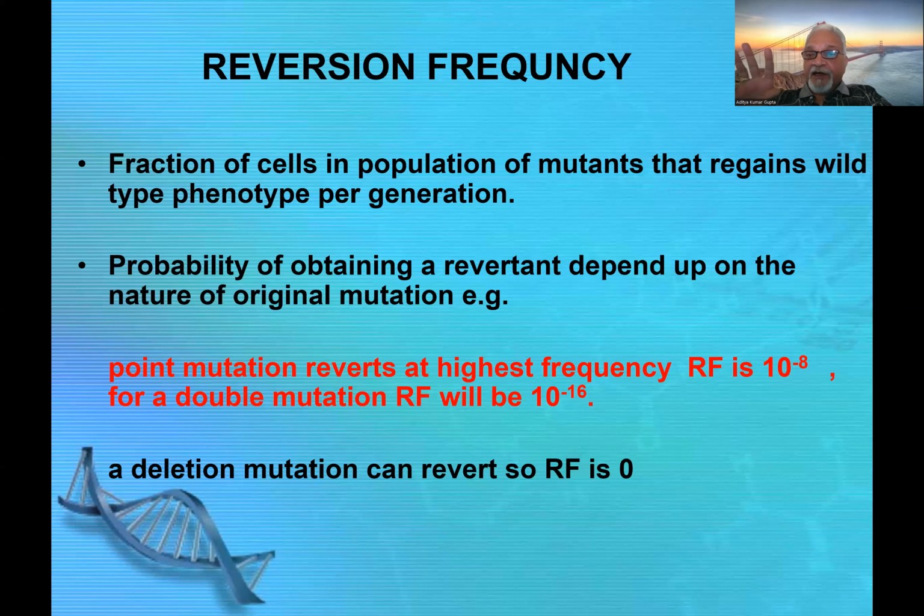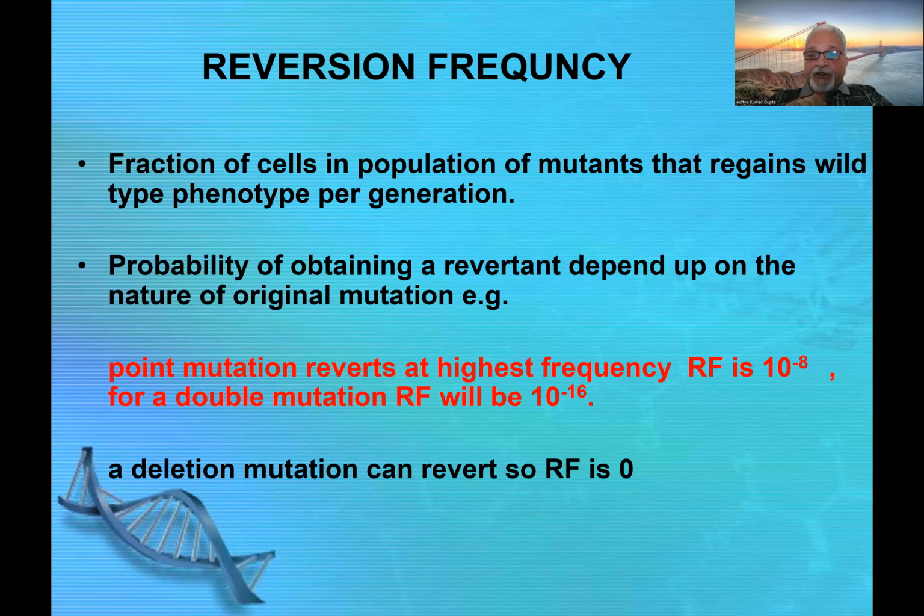That is what we refer to as reversion frequency or even mutation frequency. Mutation frequency is from wild type to mutant, the number of mutants obtained from the total number of wild type cells. Similarly, in the reversion frequency, you see the number of cells regaining wild type phenotype among the total number of mutant cells one takes.